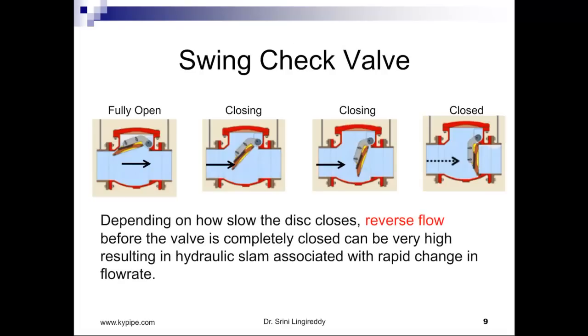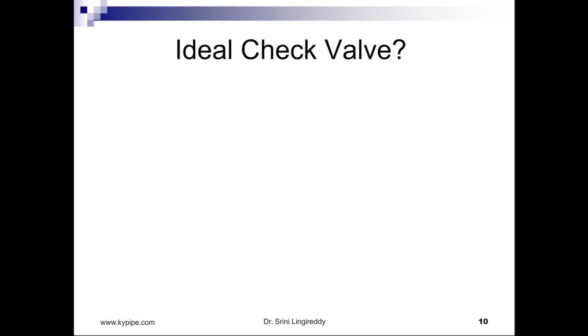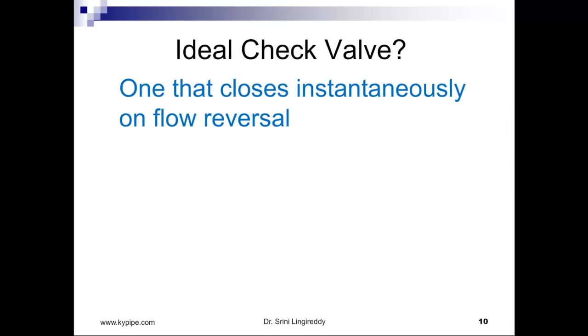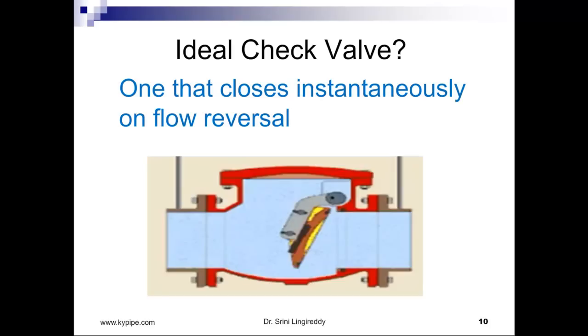So what is an ideal check valve? Now that we have seen the process of a swing check valve closing during the flow reversal, we can say an ideal check valve is the one that closes instantaneously on flow reversal. Suppose we have flow in the positive direction initially, but then the flow reverses.